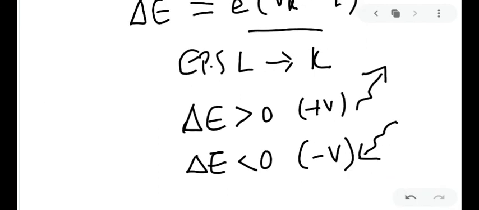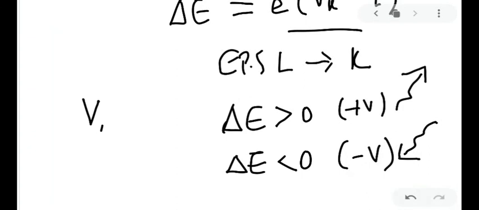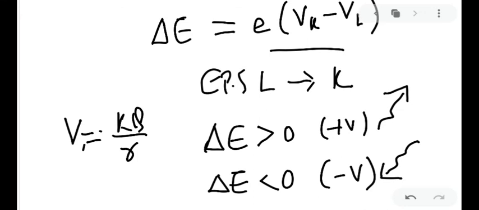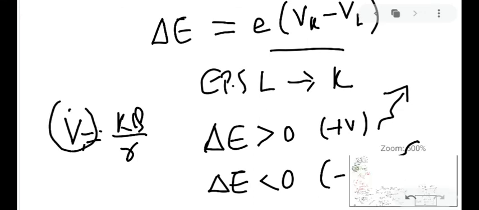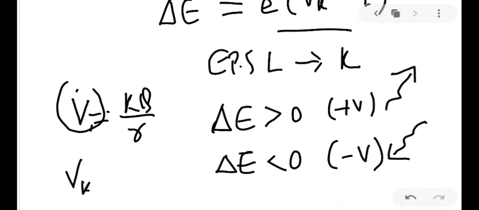But as you know, according to the potential due to a point charge, it stands like this: kq over r. And since r is less for K, the potential Vk will be larger. So Vk is greater than Vl. Since r is smaller and it's in the denominator, Vk will be larger than Vl.